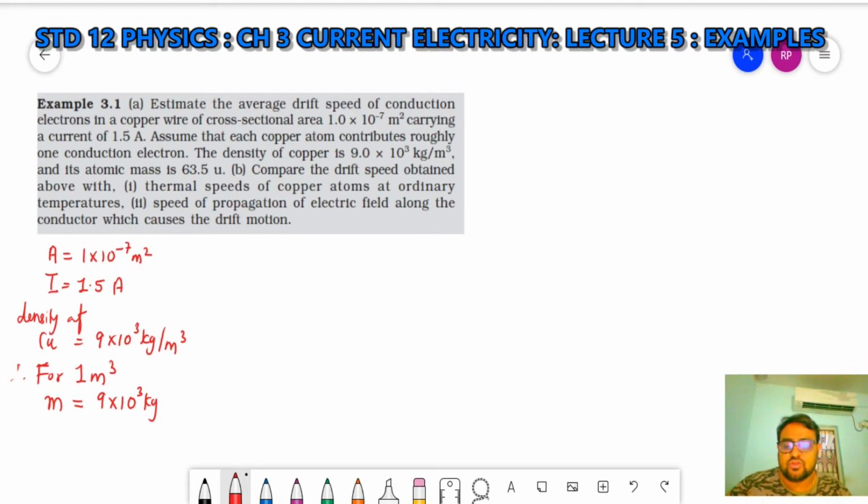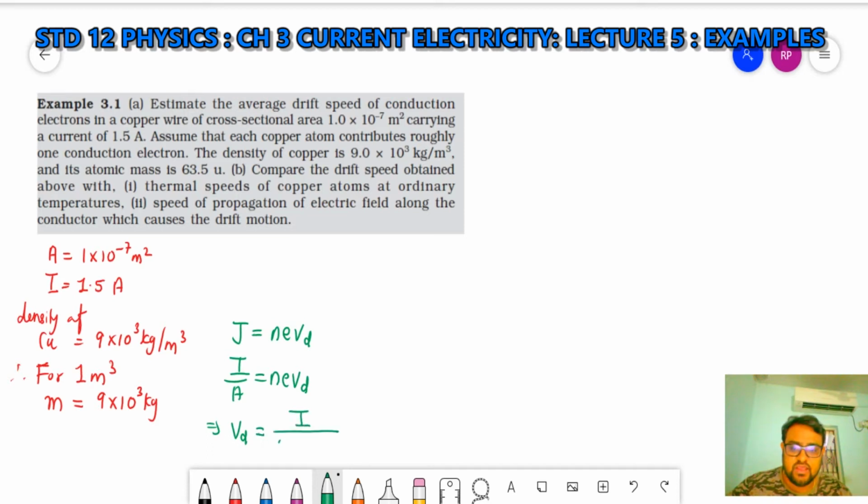Now we know the relation between drift velocity and current density: J is equal to nevd, where J is equal to I by A equal to nevd. That implies vd is equal to I upon A n e. Clear? What is the charge of electron?